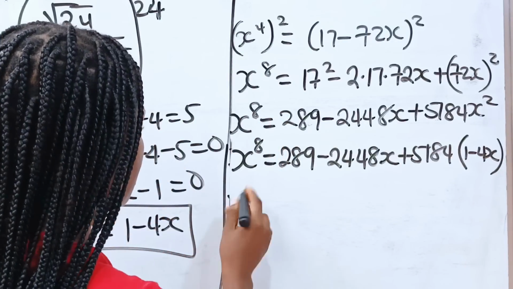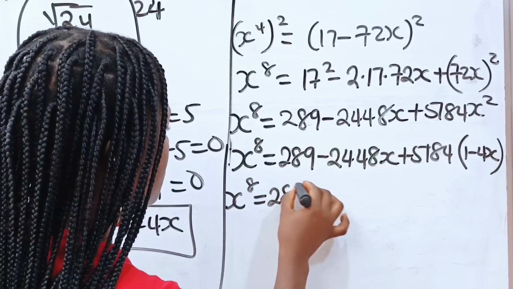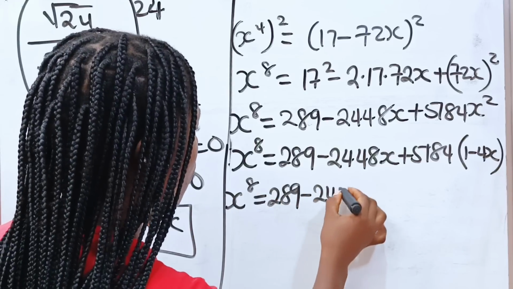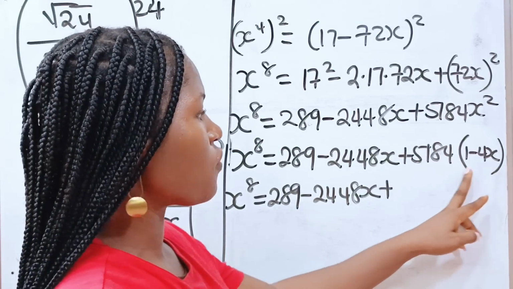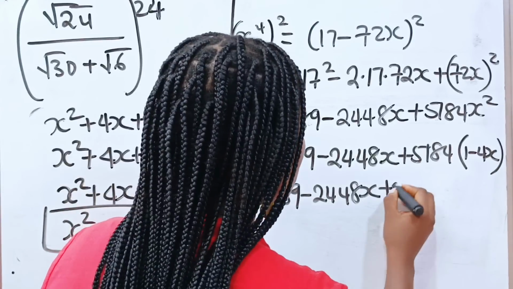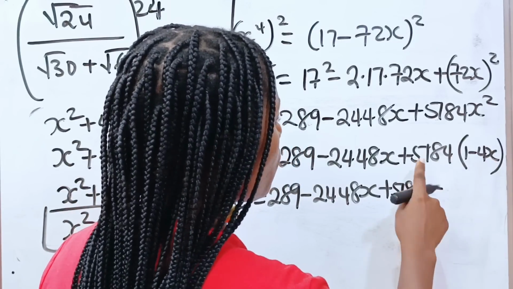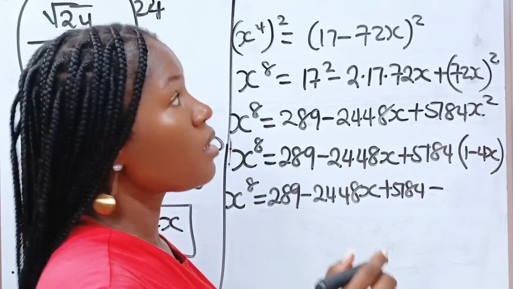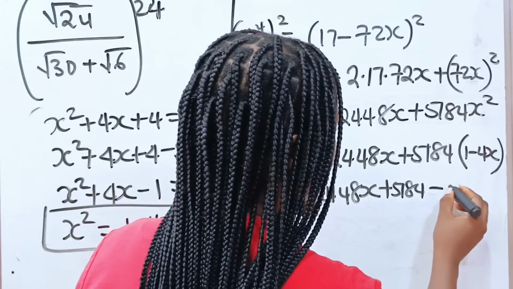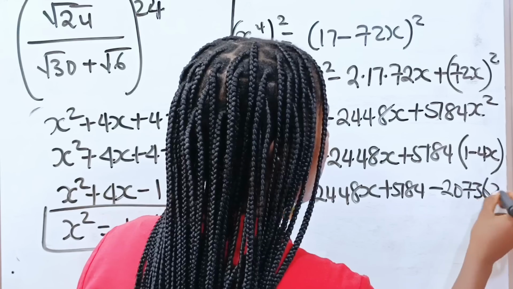So we have x to the power of 8 is equal to 289 minus 2448x plus, now 5184 times 1 will give us 5184, then plus this times this will give us minus 5184 times 4. I've written it somewhere, is 20,736.